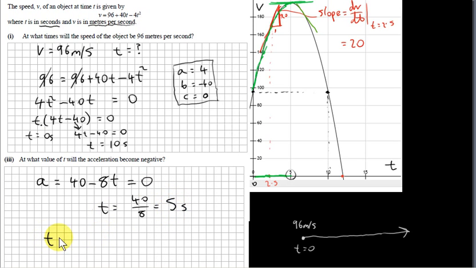So when t is greater than 5, a is negative, a is less than 0. You just pick any number greater than 5, like 5.1, plug 5.1 in for t, this will work out to be negative. Or 5.01 or 5.0001 in for t will give you a negative value for a.